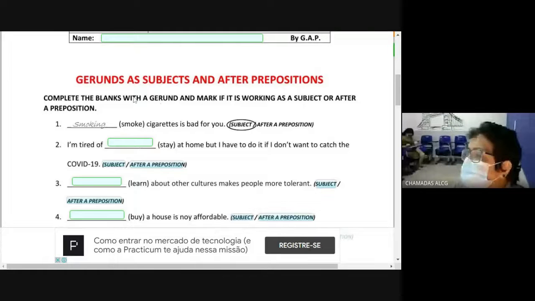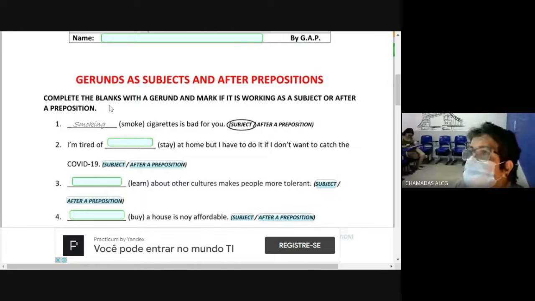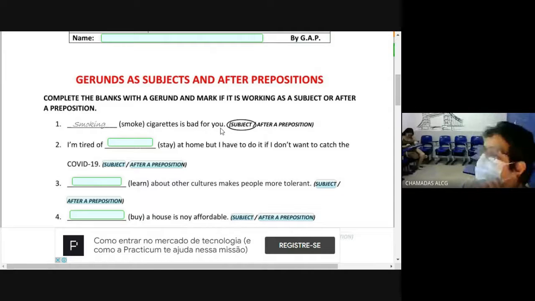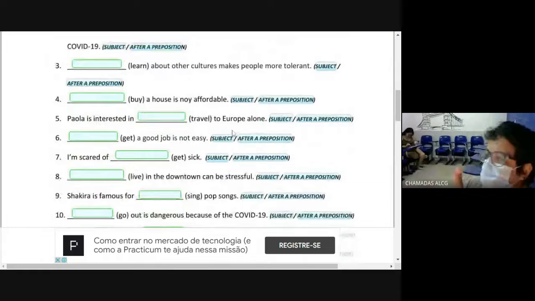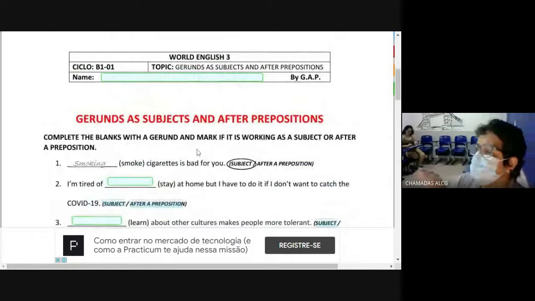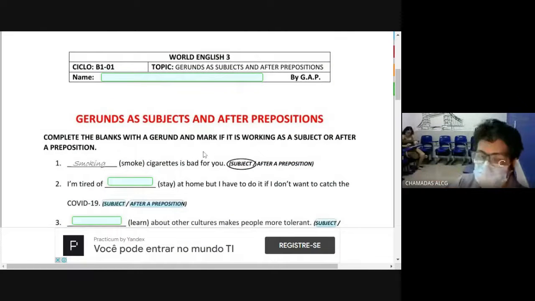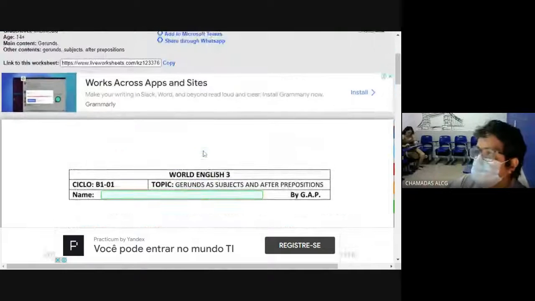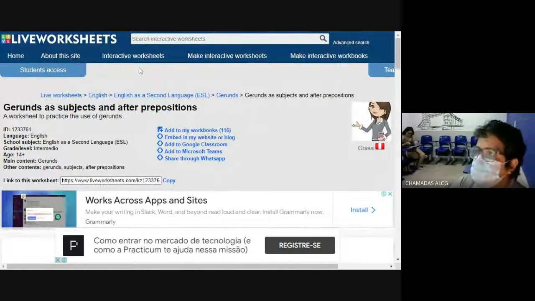So this worksheet is on Google Classroom. It's not in your book, actually, all right? So this is not something from the book. This is only a worksheet, okay, as you can see here. And the link is posted on Google Classroom.